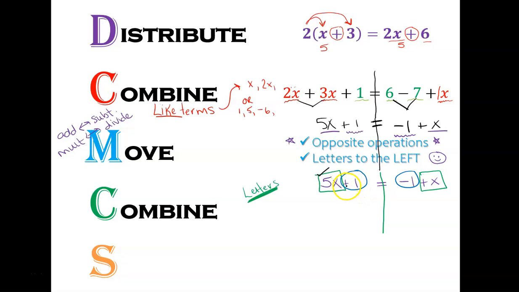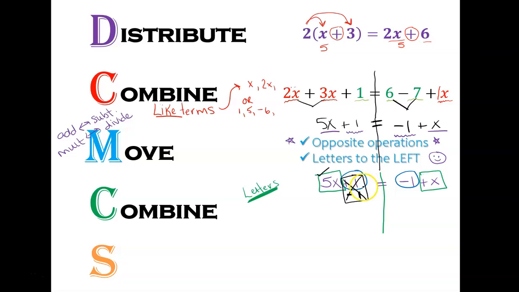So to move him, I'm going to go back to my opposite operations. He's a +1. All we're going to do is do a -1. Now, why do I do that? Because look what happens. +1, -1, see you later. Poof. He just disappears from that side, which is great news because I didn't want him there.